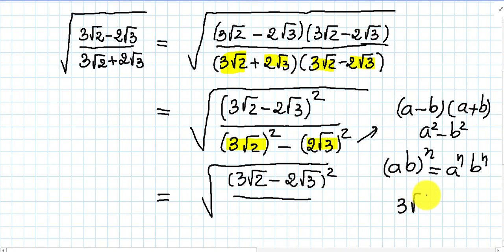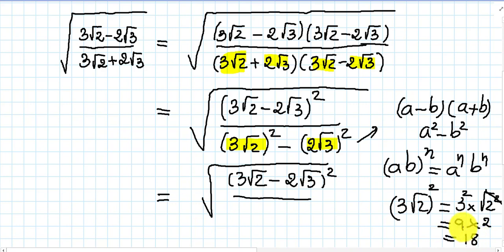So 3 square root 2 all squared equals 3 squared times square root 2 squared, and if we simplify we get 9 times 2 equals 18.